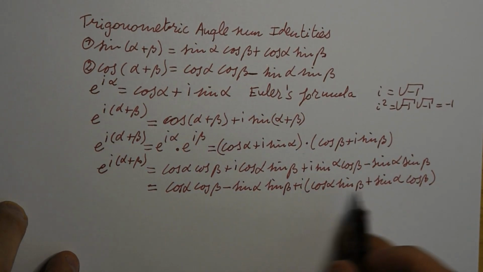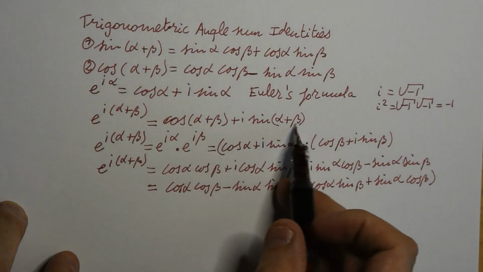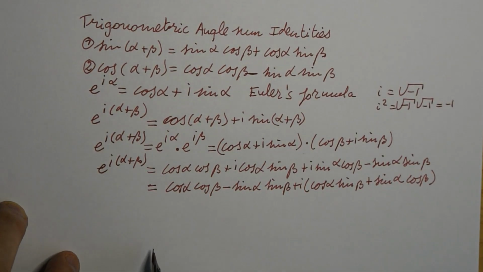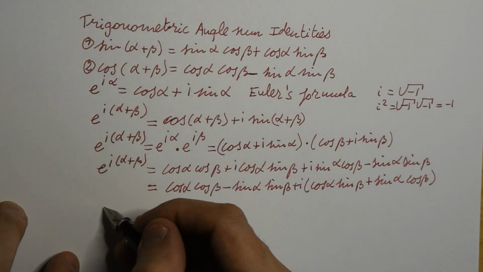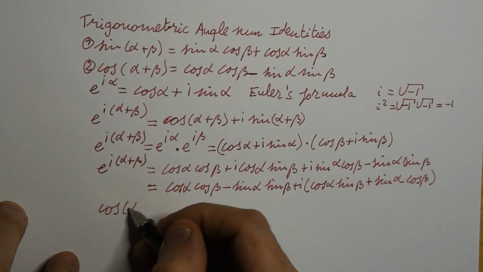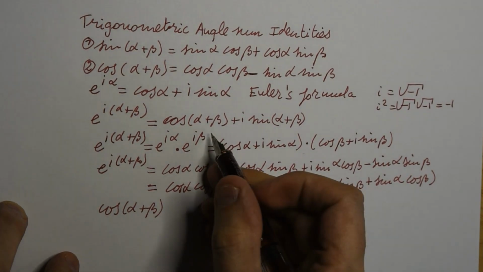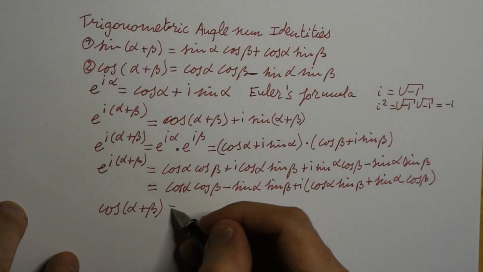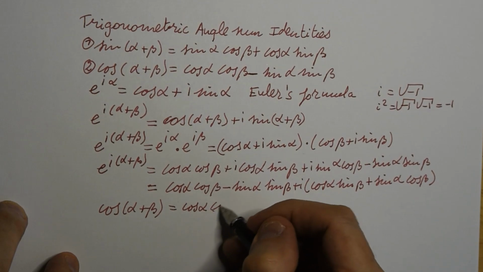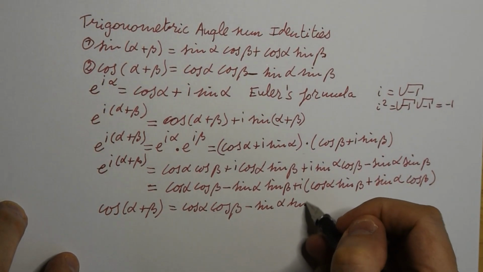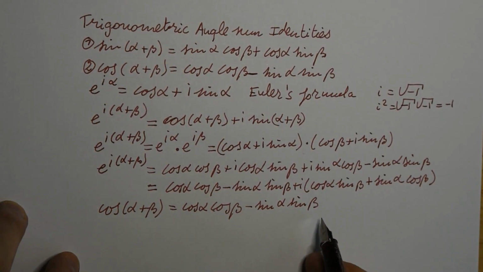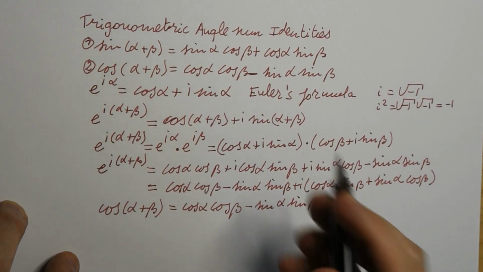And now we can compare this line with this line. Right? So what we see now, because these are the same, is that cosine(alpha plus beta), right, is now the real value cosine alpha cosine beta minus sine alpha sine beta. And we can see that that is actually the same as 2.